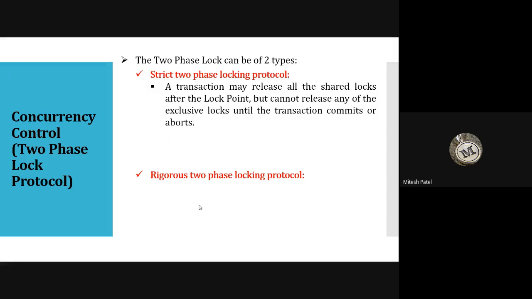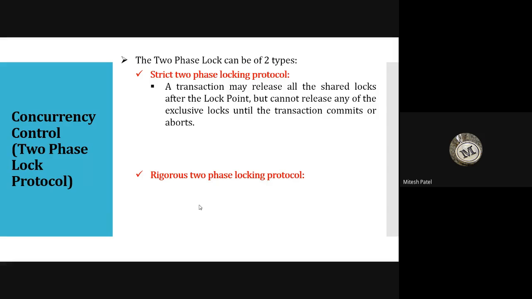In strict two-phase locking, a transaction can release all the shared locks after the lock point. It means after the lock point, it may release only shared locks, not exclusive locks. We cannot release any exclusive lock until the transaction commits or aborts.